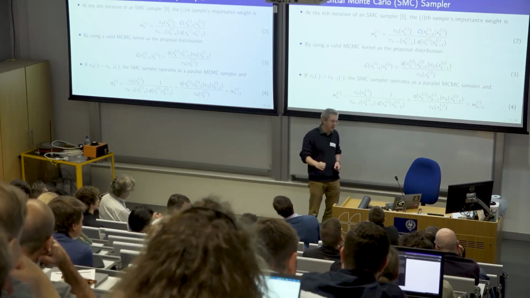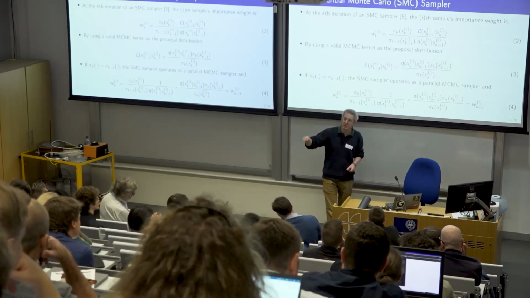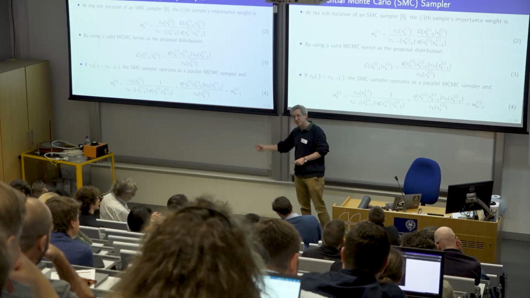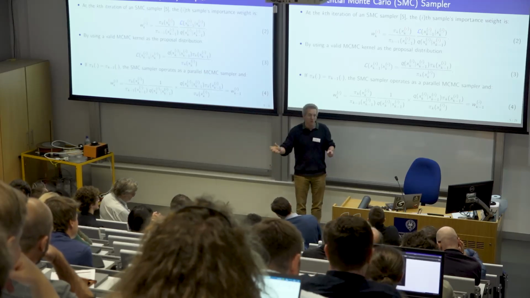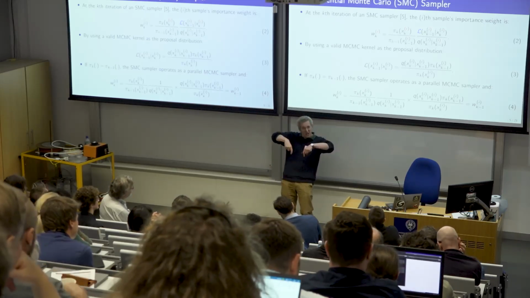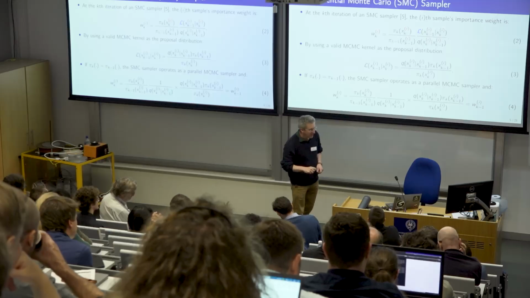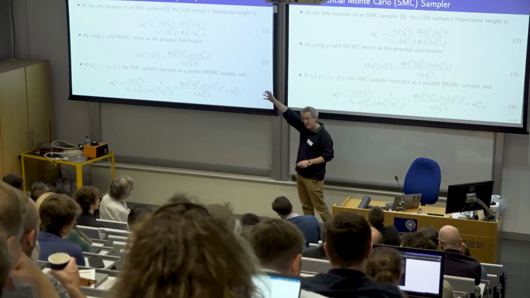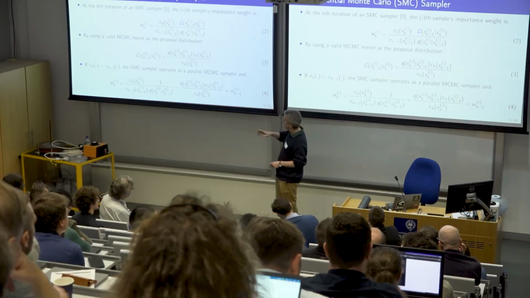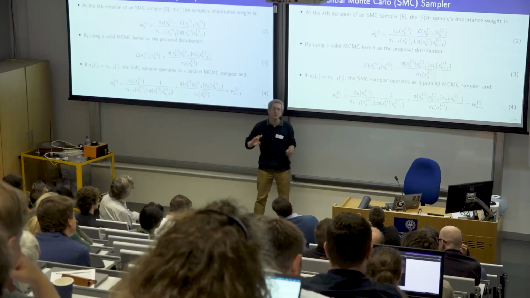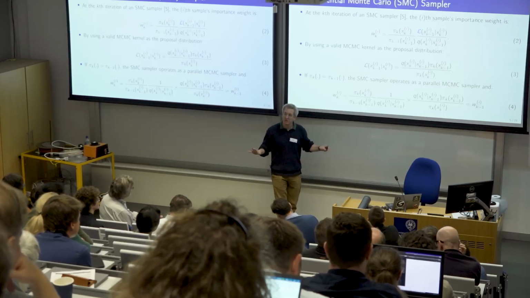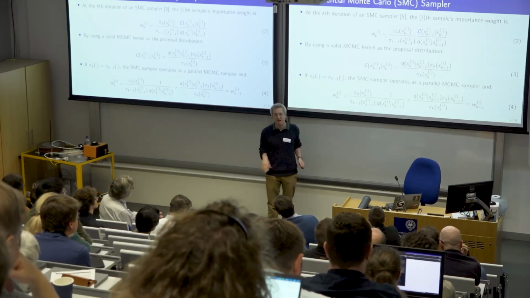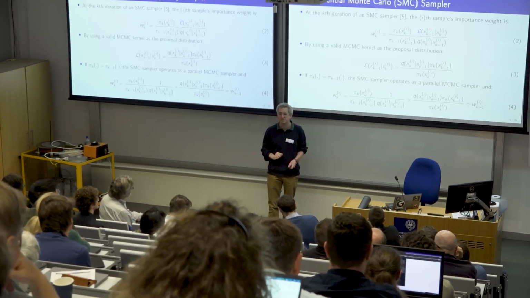However, if we make the proposal an MCMC kernel, so conceptually we stick MCMC inside the SMC sampler, and if we make an assumption about what this L thing is, you do a bit of maths and you end up with multiple chains running in parallel, not interacting with one another, all doing MCMC.